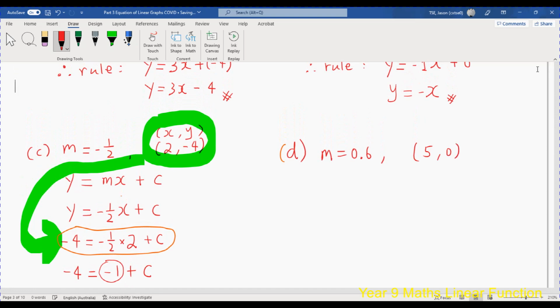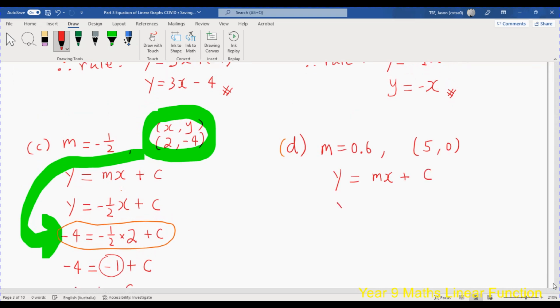That's the given condition. Again, I'm going to write down the equation and put the gradient into it. Then I'm thinking about the xy values. Here are the xy values, so don't put the numbers in wrong. You need to put the second number, which is y, on the left hand side. Then you put 5 here. Here's a mistake, if someone can spot it.